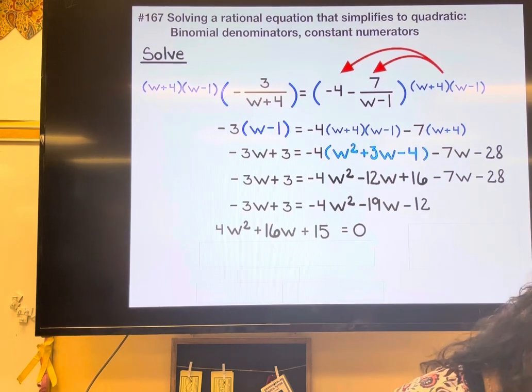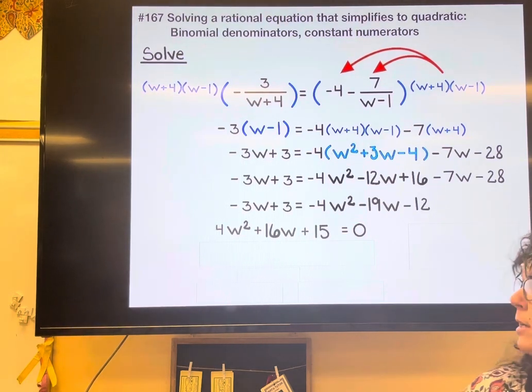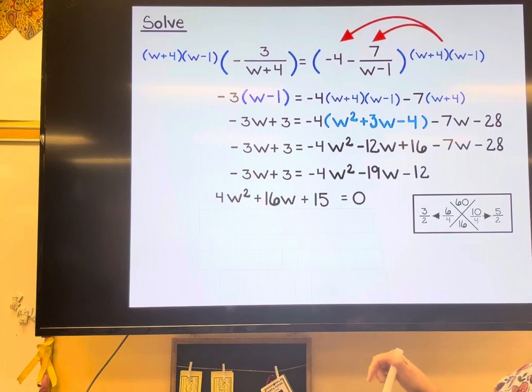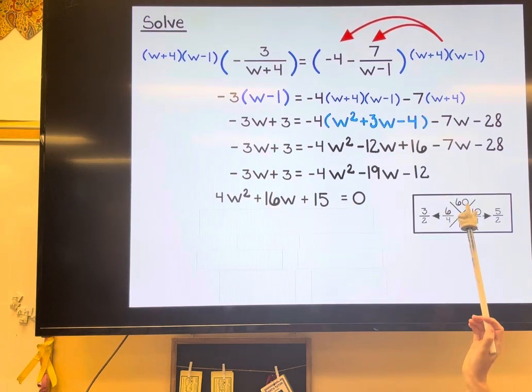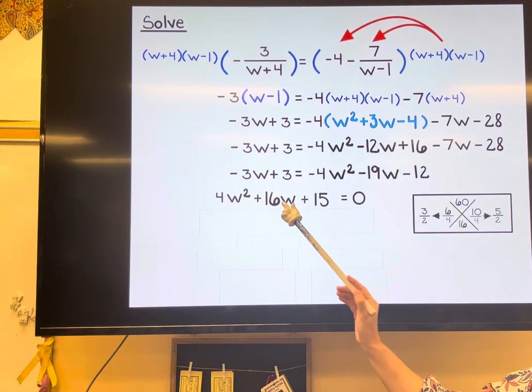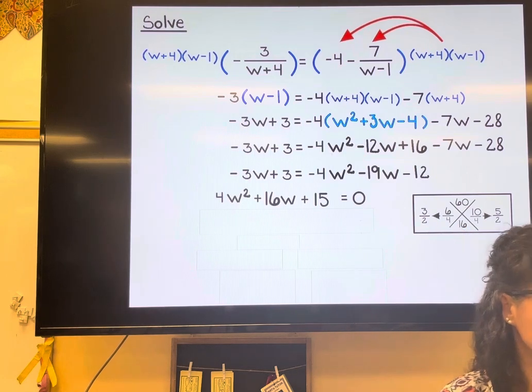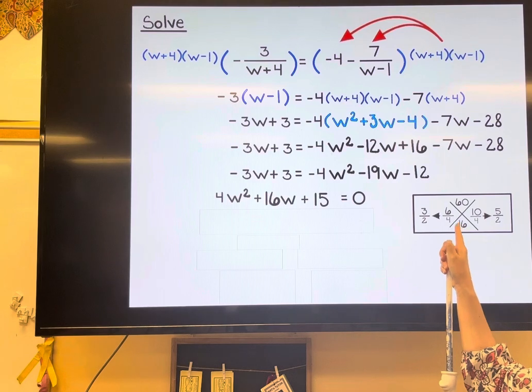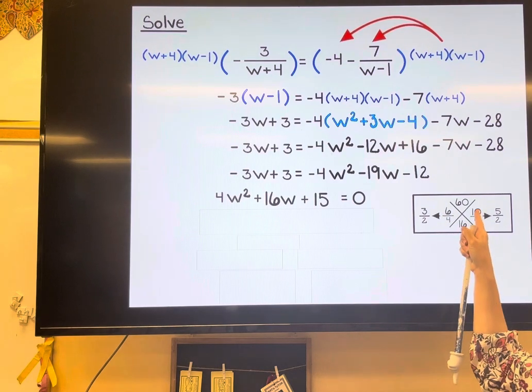I had to do a little bit of scratch work to factor this one because the numbers were a little big. Remember the way that I happen to factor is I take 4 times 15 and write that. I have 60, bring down the 16, thinking of two numbers that multiply together to get 60 and add up to 16 are 6 and 10.